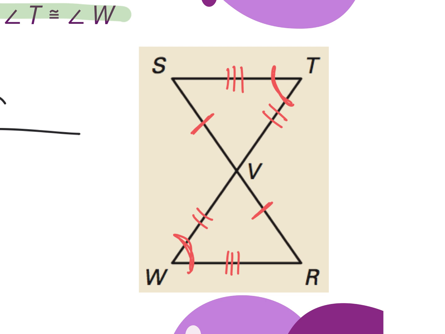Angle S and angle R, I can't really state those yet because I don't know if they're congruent. S and W, we already said W is congruent to T, so it can't be S and W. If these are already taken care of, I can't use them again. So what else would be congruent?